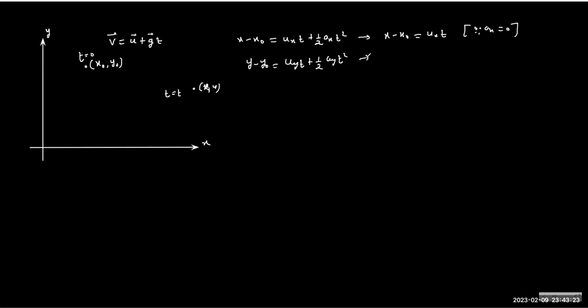And this will become, so basically what I'm writing is plus half ay is how much? Because g is the value and direction is downward, so ay is minus. So when I say ay, it means what is the upward acceleration? The fact is that we have downward, so we have to put minus sign.